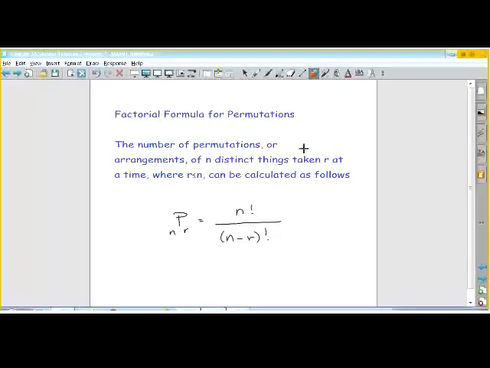The first subscript, n, is the number of things you're choosing from. So n is 10 in our particular example. r is the number of things we're choosing, the number of officers, the number of people placing in a race. So that is 3. So it's n distinct things taken r at a time. r at a time means I'm choosing 3 of those people to be President, Secretary, and Treasurer. And the formula is n factorial divided by n minus r quantity factorial.